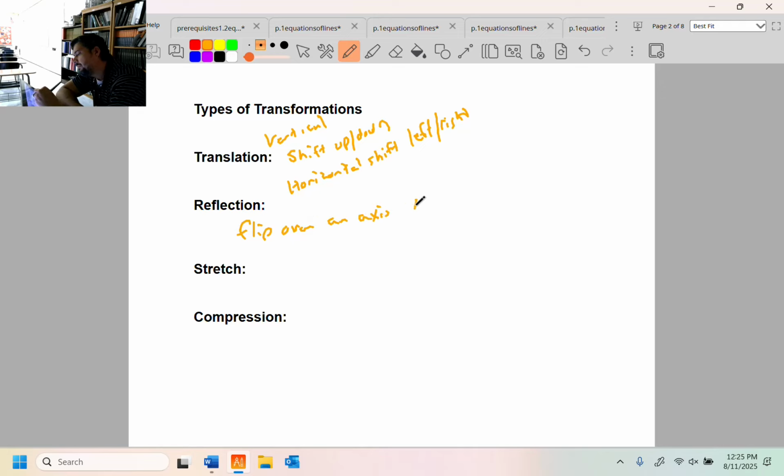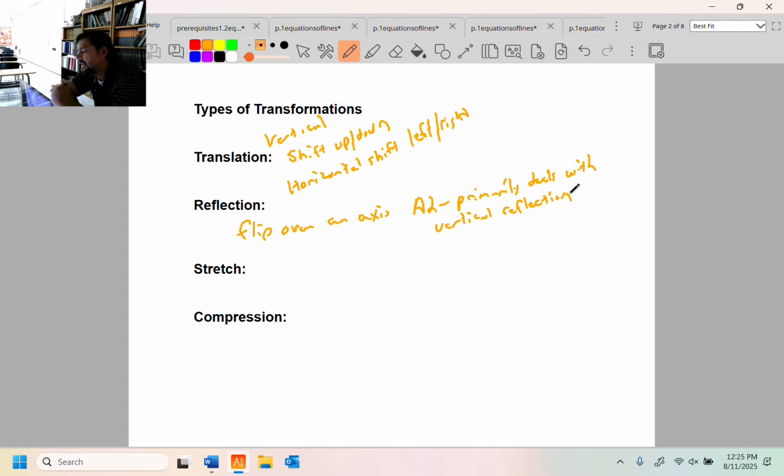Now, Algebra 2 primarily deals with vertical reflections. I'm not entirely sure that horizontal reflections are in our standards. Like, I see some need for them to be talked about, but I don't think they're actually something that's really talked too much about.